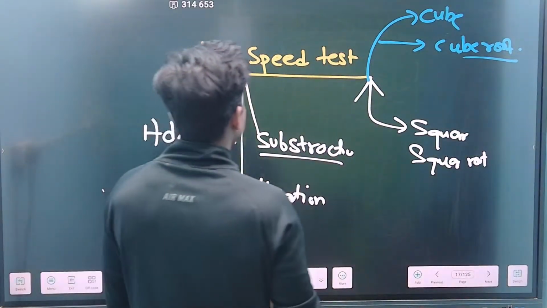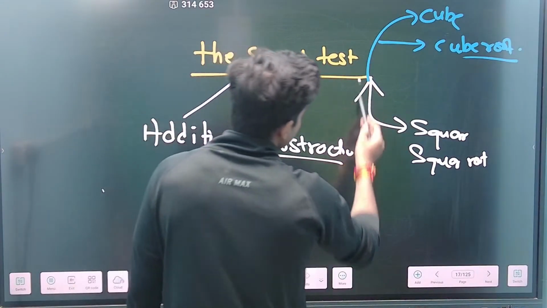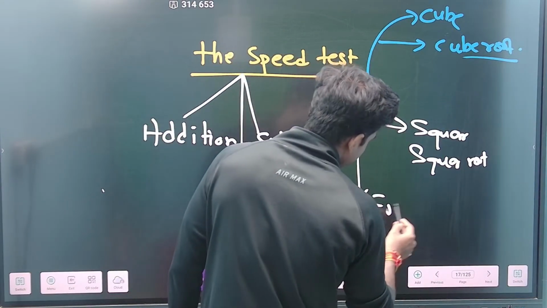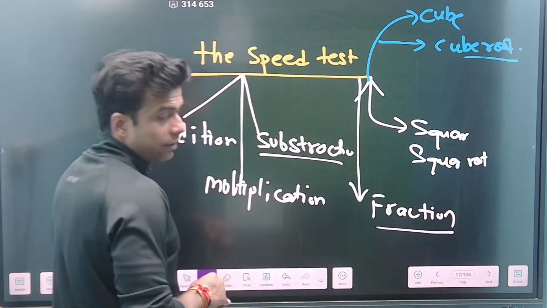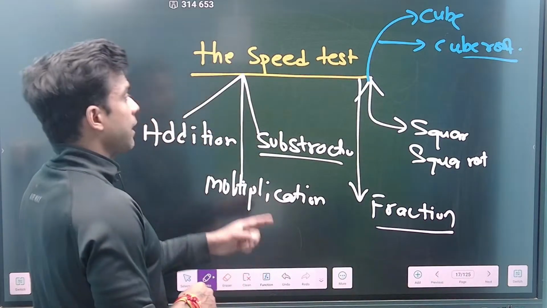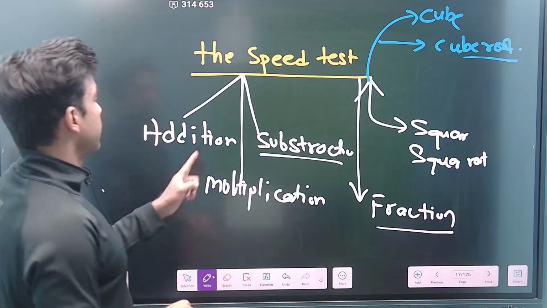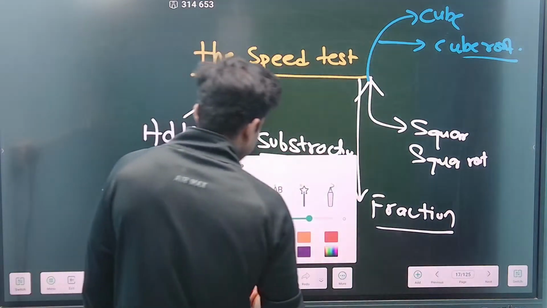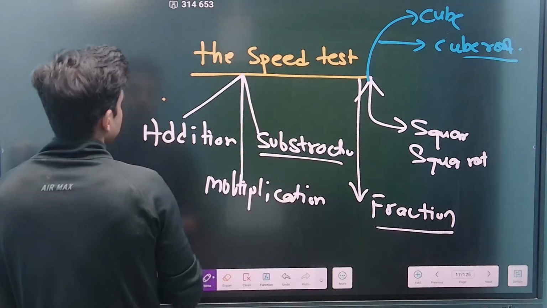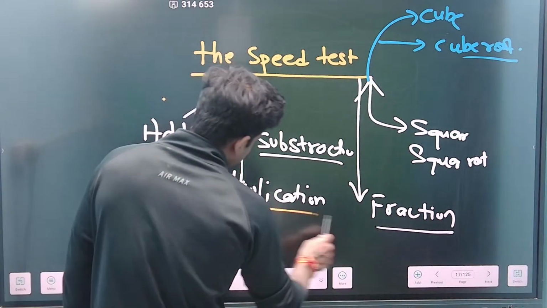Some extra things we are also doing in the class, for example, fractions. We have done one class on fractions. I have also made you do square, cube root, addition, subtraction, multiplication, fraction. Then the last topic is digital sum also.